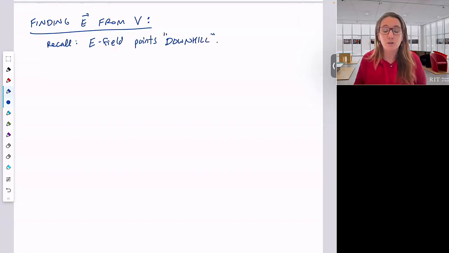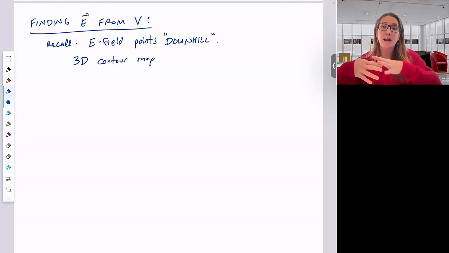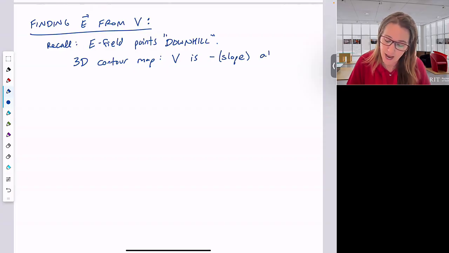So think of a 3D contour map. You can imagine at any point that the electric field is the negative of the slope of the potential at that point.